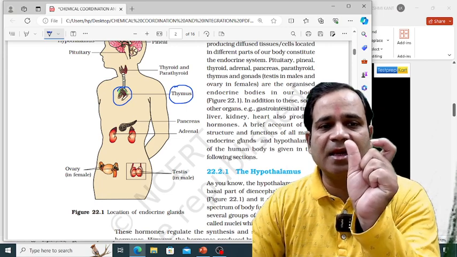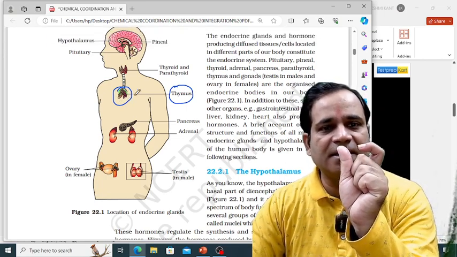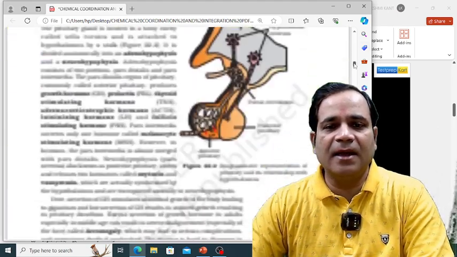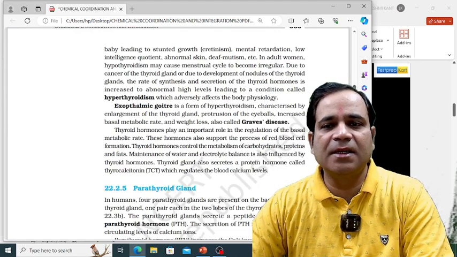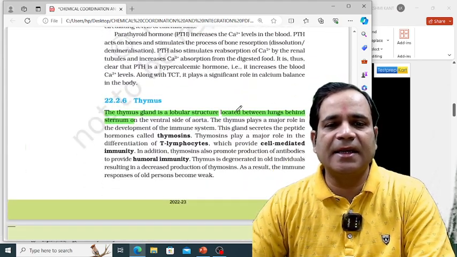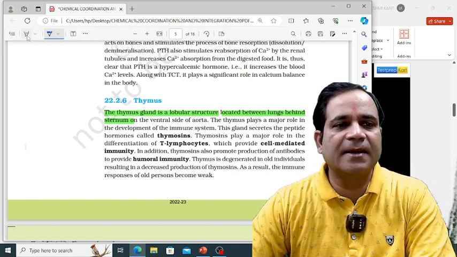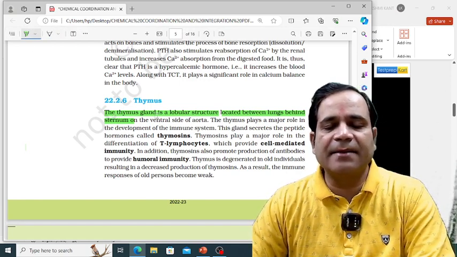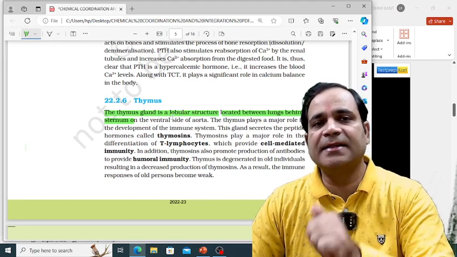Yes, just in between the pair of lungs. Yes or no? See here, just between the pair of lungs, my dear. So that's why I'm telling you about this gland. Let's see. This thymus gland is a lobular structure located between the lungs behind the sternum.